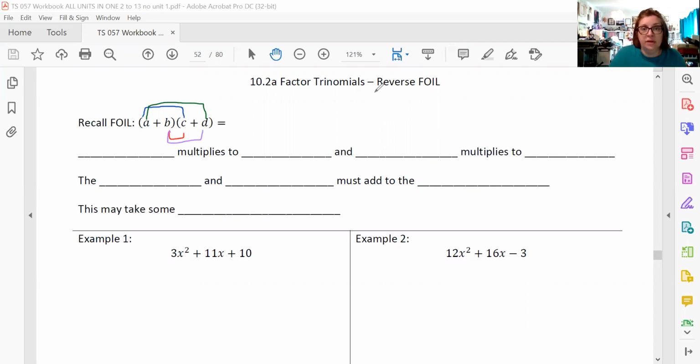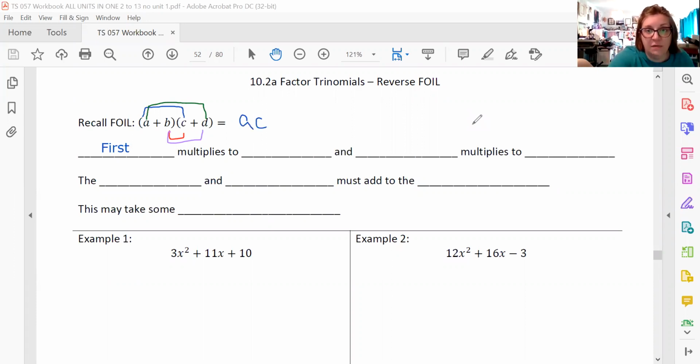And so down here in our notes, we could say that the first terms multiply to be, well, hold on, let me go back. I didn't finish my thought. So if I have A times C, that's my first term.